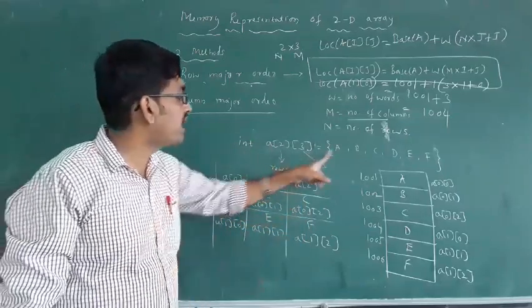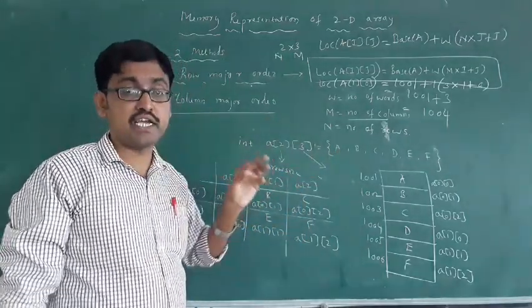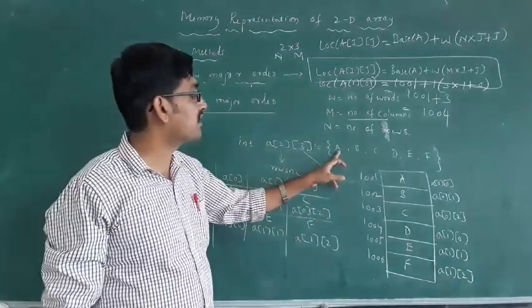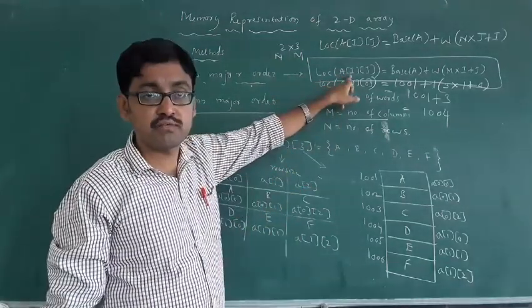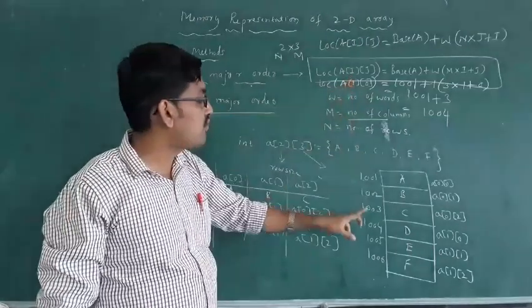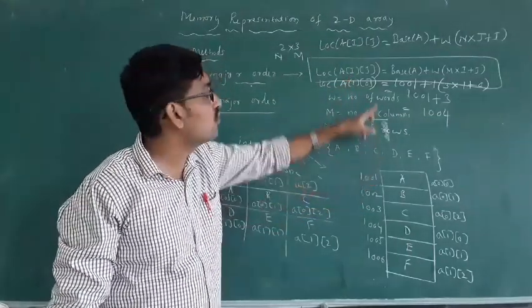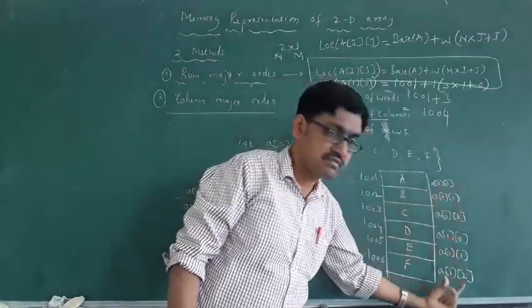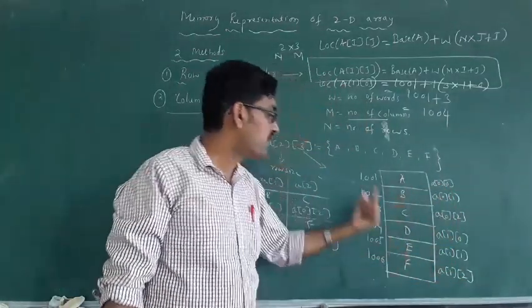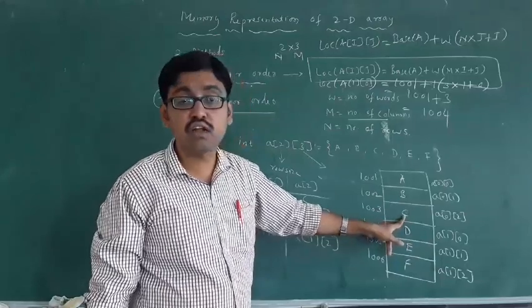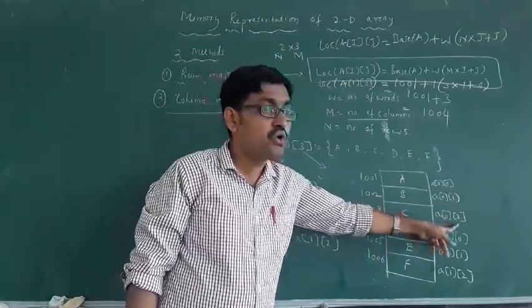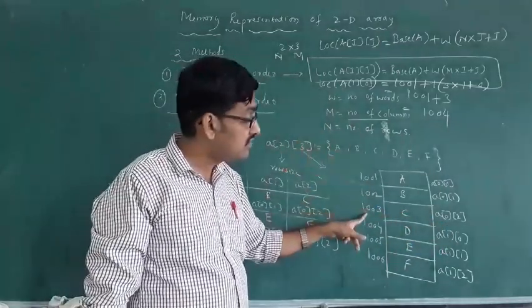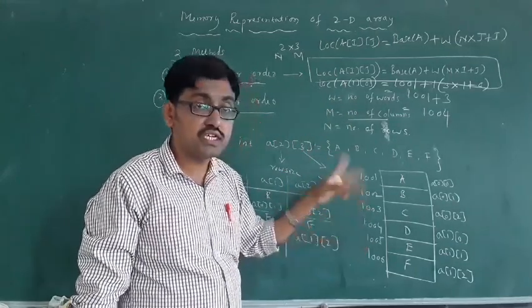I want to find the address of a, what should you do? See, I want to find the address of a, then you have to use this formula. Then I want to find the address of c, then you have to use this formula. Why am I writing these? These are locations, these are characters. For example, c will be stored in the location a of 0 2 at the address 1003.